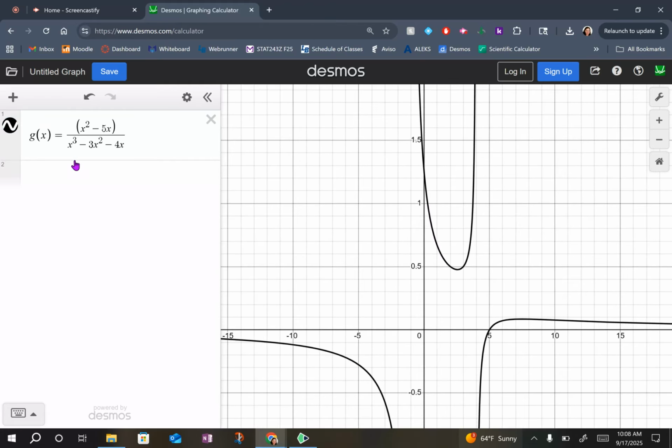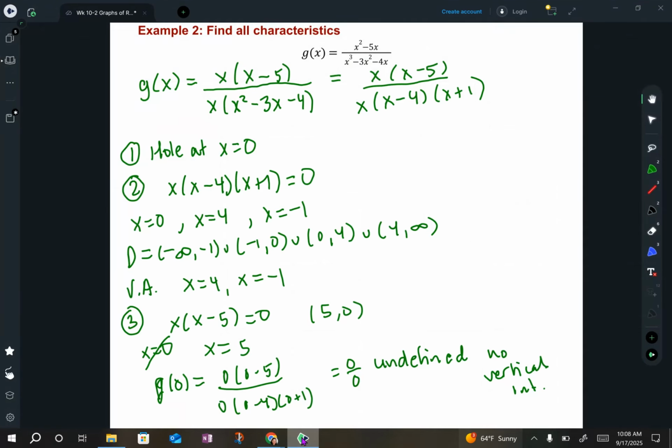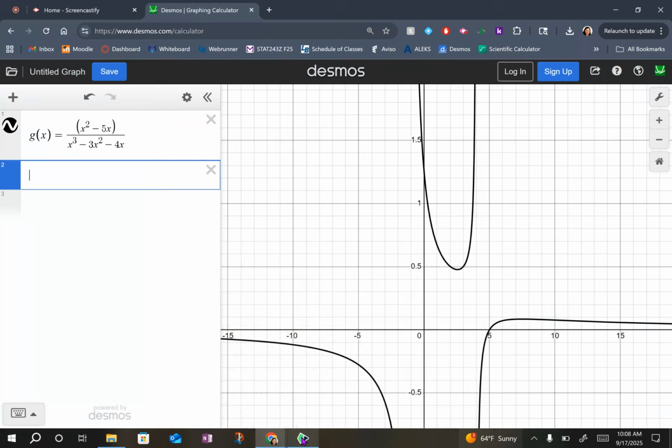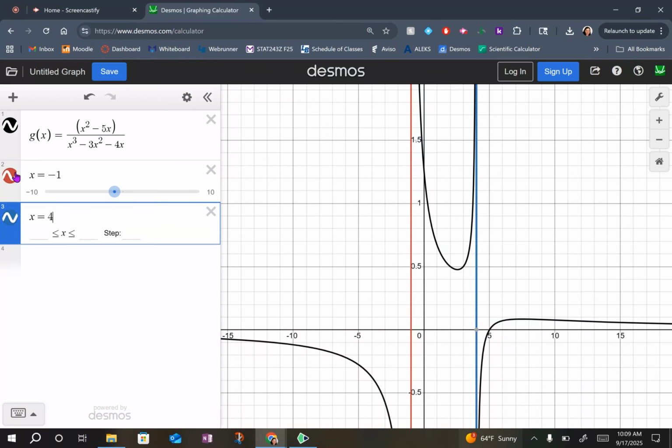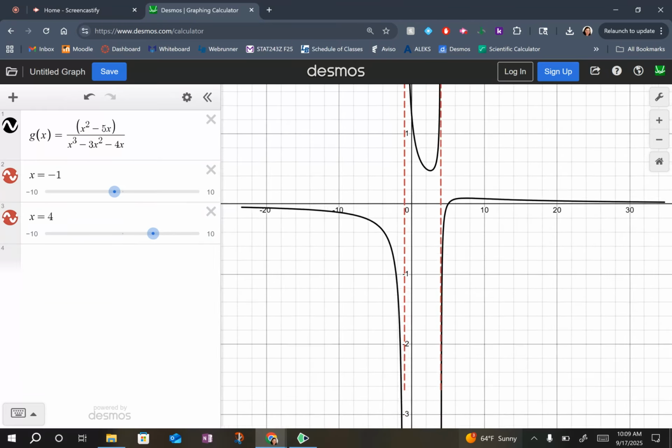And then let's put in our vertical asymptotes, which are at 4 and negative 1. And let's make those dashed lines. See how those look. Let's zoom out quite a bit. Yeah, that looks pretty good.